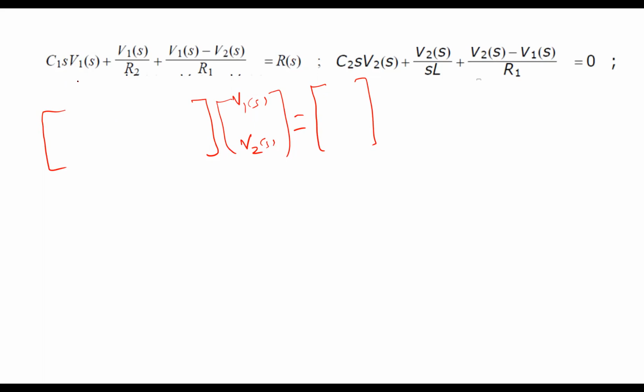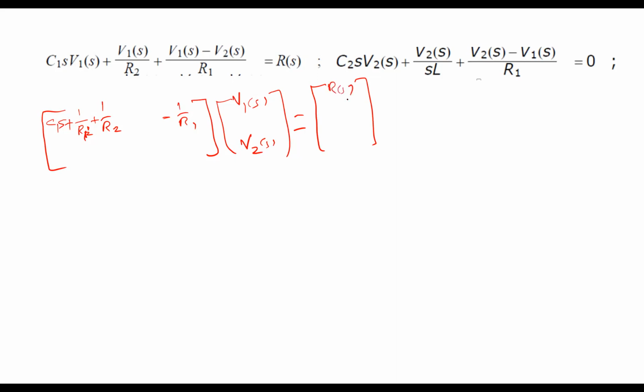So what will the first element be? The coefficient of V1, which will be C1S plus 1 over R2 plus 1 over R1. And in here, minus 1 over R1. What about this side? RS.